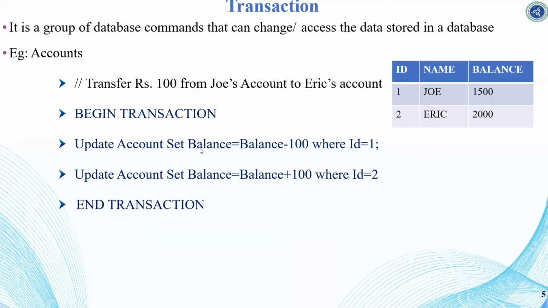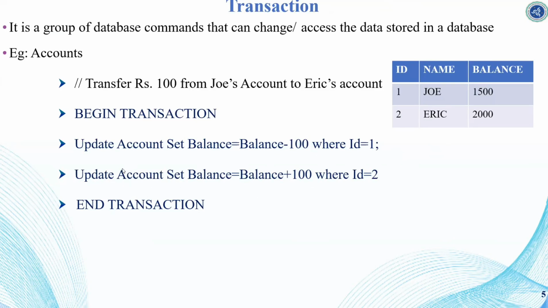I'm updating the balance and setting balance equal to balance minus 100, deducting 100 rupees from Joe's balance where the ID is equal to 1. And I have to transfer this 100 to Eric's account, which has ID equal to 2, so I'm adding 100 rupees to the balance of Eric's account.